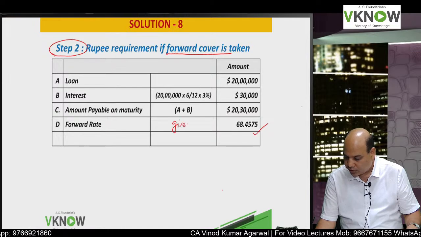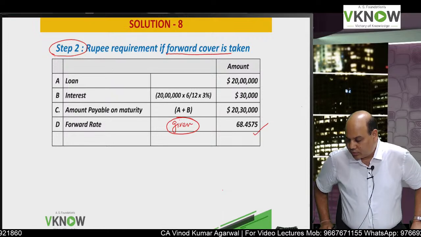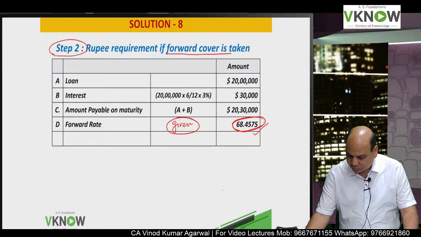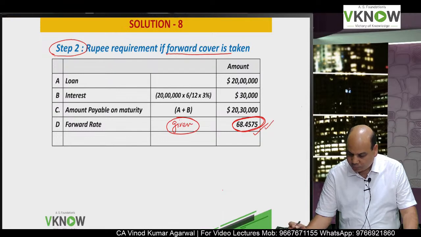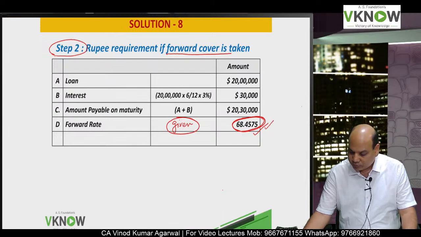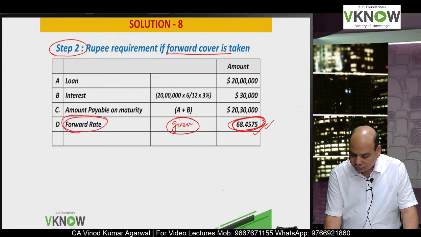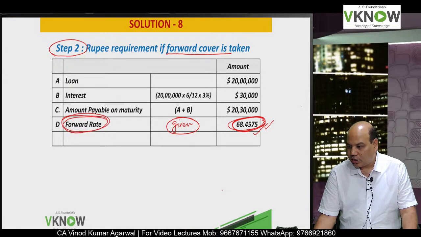This is the forward rate which the bank has quoted. That means we will have to pay at this rate on maturity, 68.4575. This rate is the contractual rate, that is the rate already given by the bank.